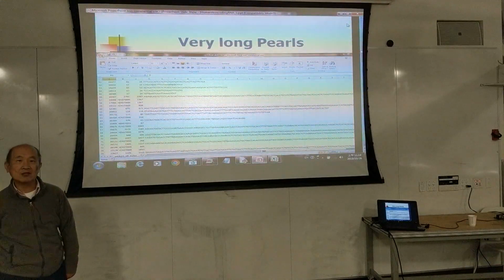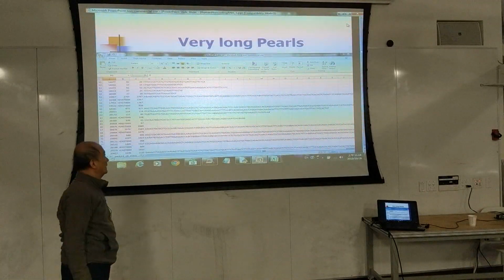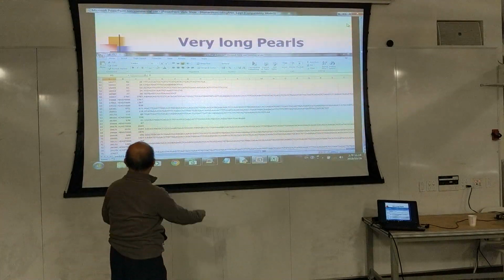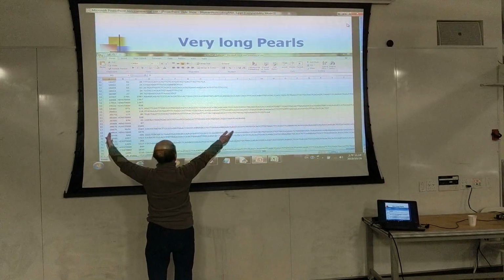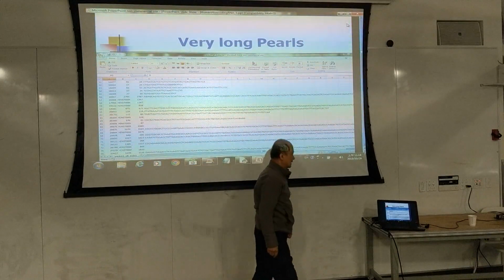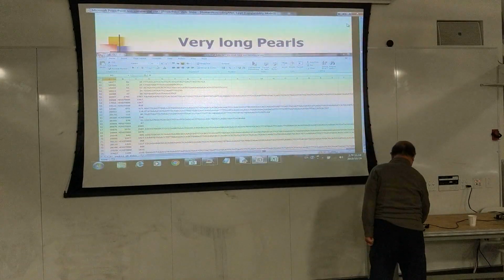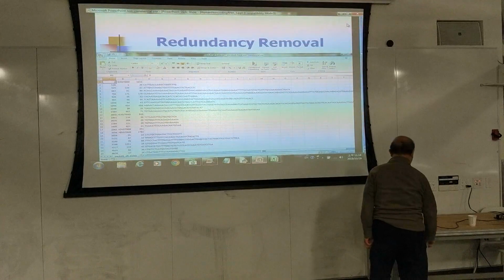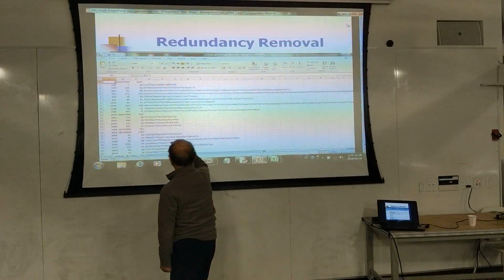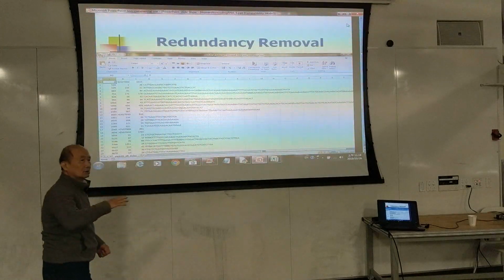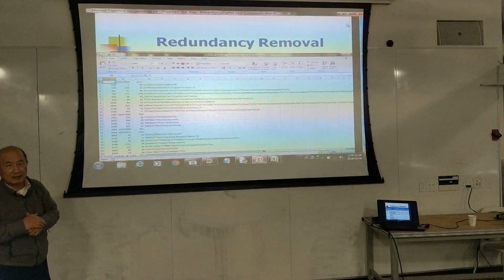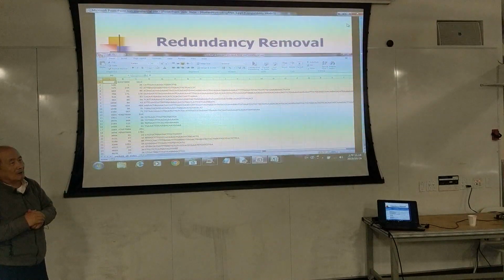Okay. So there are short ones, long ones, and very long ones, and this may be useful or may not be useful, but only after I removed all the redundant pers, or what the computer can see, all the pers which have repeated 200 nucleotides.